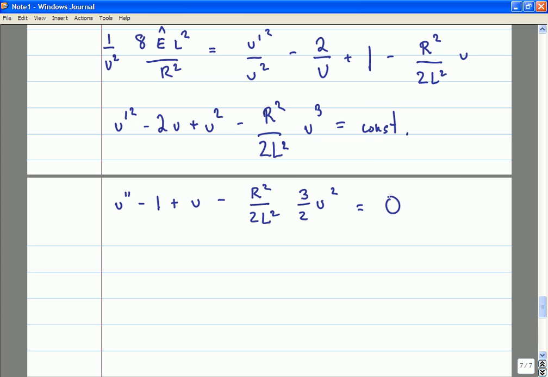Or, rewriting this, u double prime plus u is equal to 1 plus r squared over 2l squared.